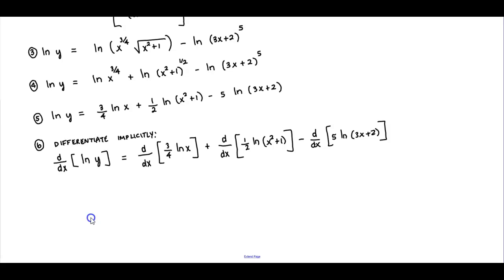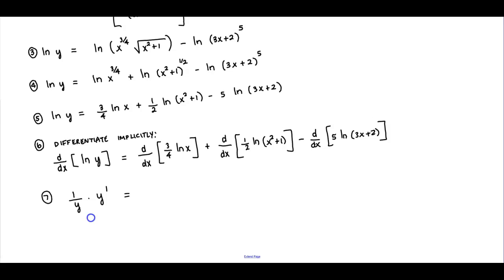Okay, so when we take the derivative on the left side, the derivative of the natural log of y is going to be 1 over y times y prime.